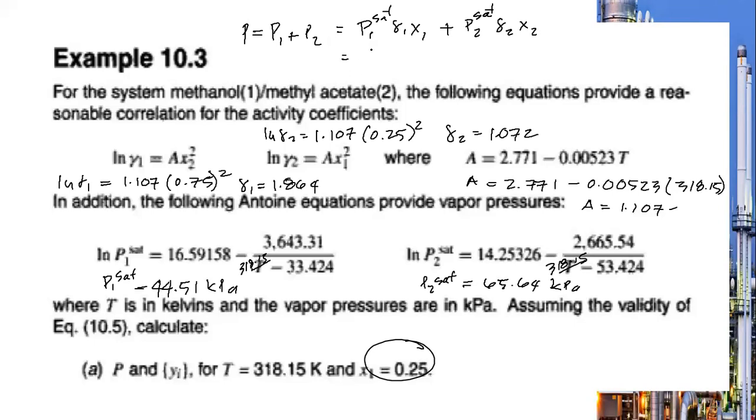So P1 sat 44.51 and then gamma 1 ito 1.864. O kung gusto niyo calculate niyo muna yung P1 tapos calculate niyo yung P2, pwede rin, ano? Tapos yung x1 0.25. Tapos ito 65.64 yung P2 sat. Yung gamma 2, ito pala yun, 1.072.